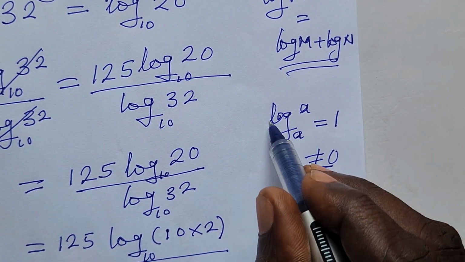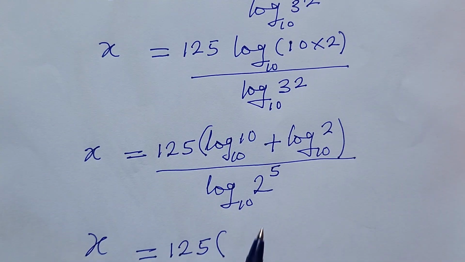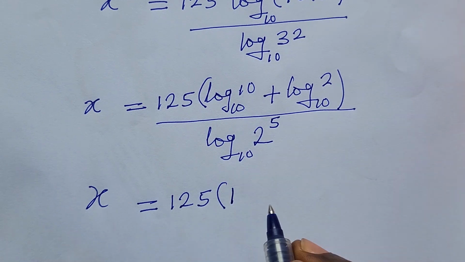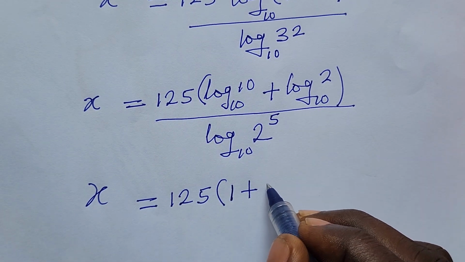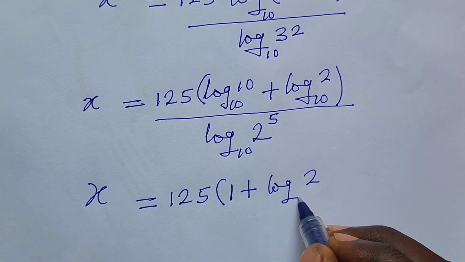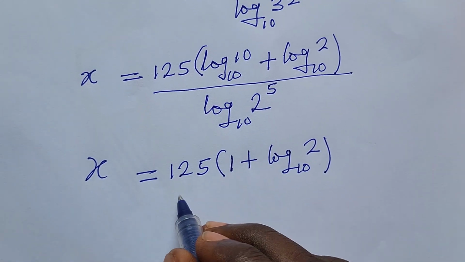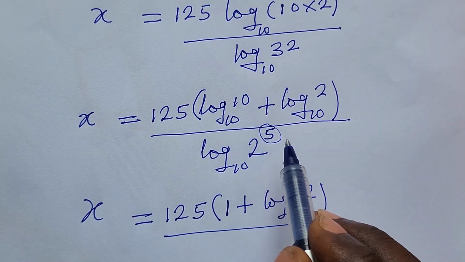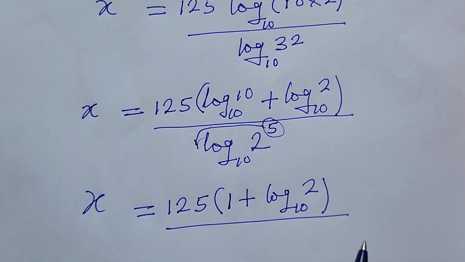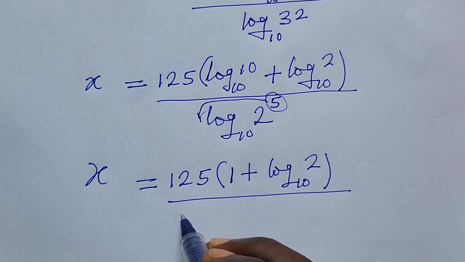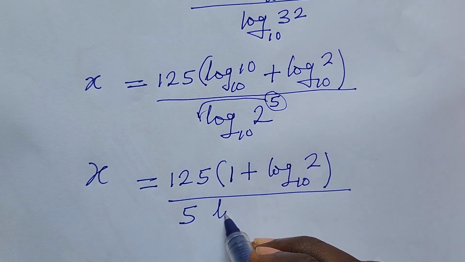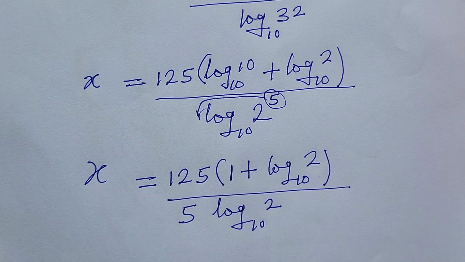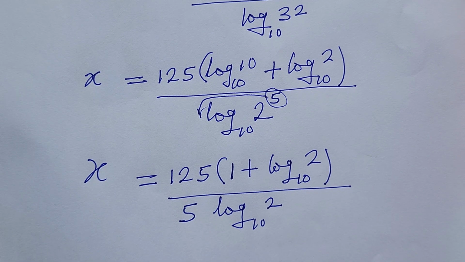So applying this law, the whole of this will give us 1, then plus log 2 base 10, close bracket, all over, moving this exponent back here according to the power law, 5 log 2 base 10. Easy.